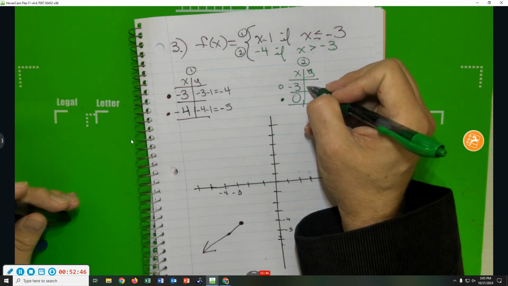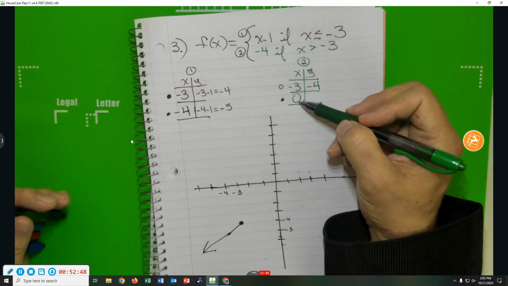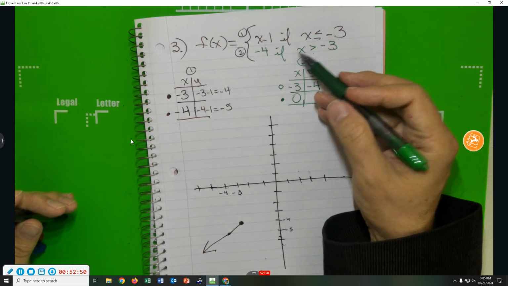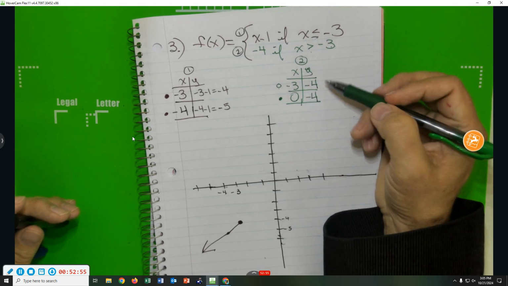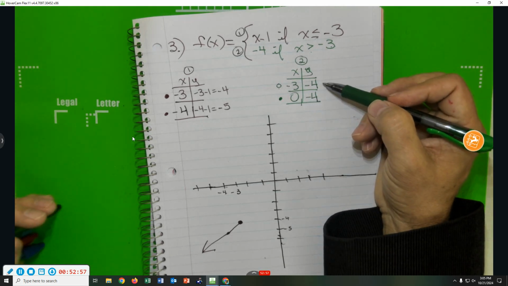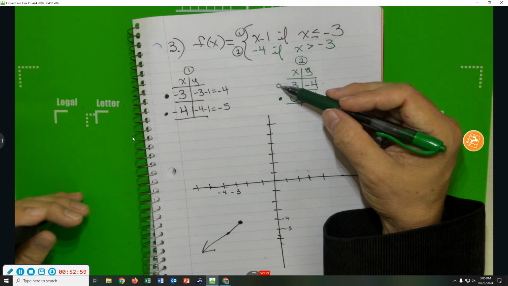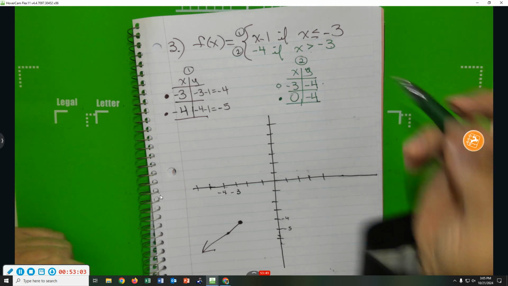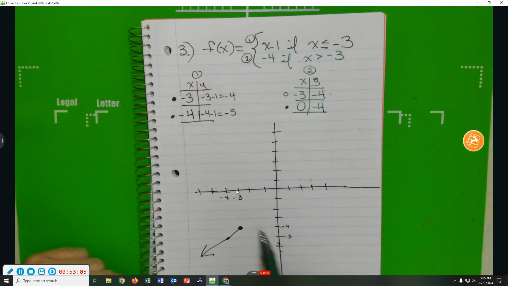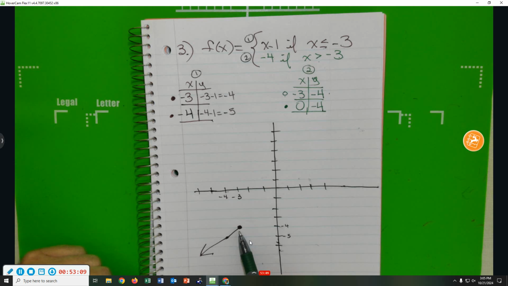Using 0 for x, what's y? I go to negative 3, negative 4, fully expecting to put an open circle. When I go there, what do I discover is sitting there? I go to negative 3, negative 4, intending to put an open circle, but what have I already got there?